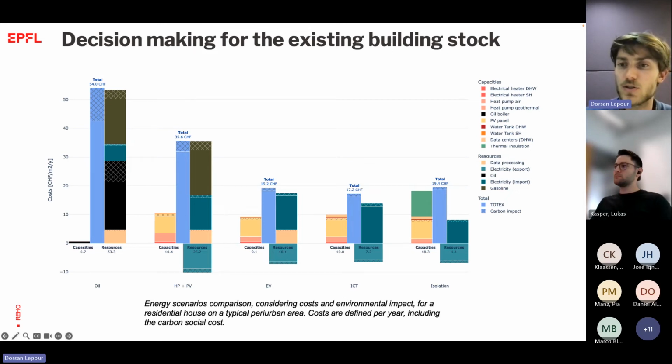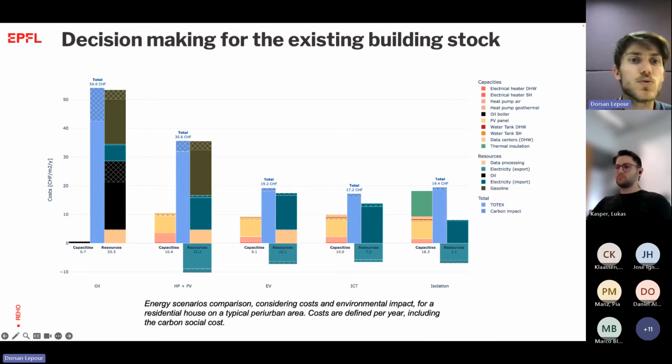For the case study of Switzerland, for example, we created a database characterizing the entire Swiss building stock. So it's more than 2 million buildings. And then we ran the tool over the complete territory, partitioned as 16,000 different district energy systems. So you can see them as energy communities.